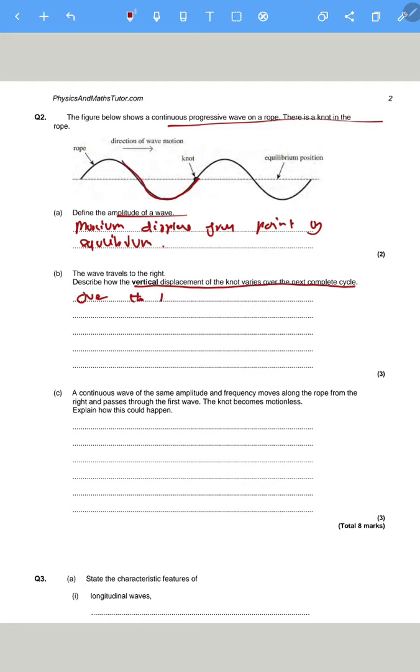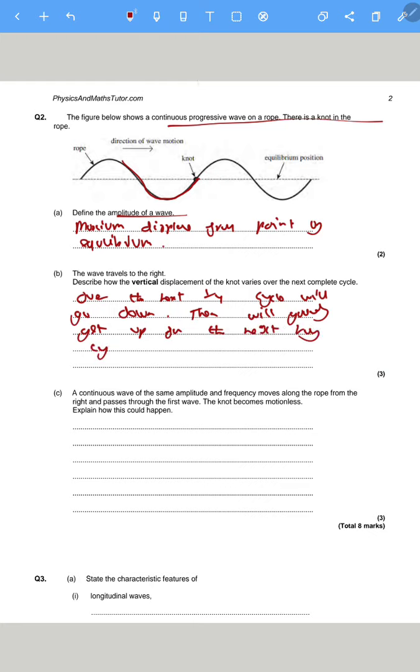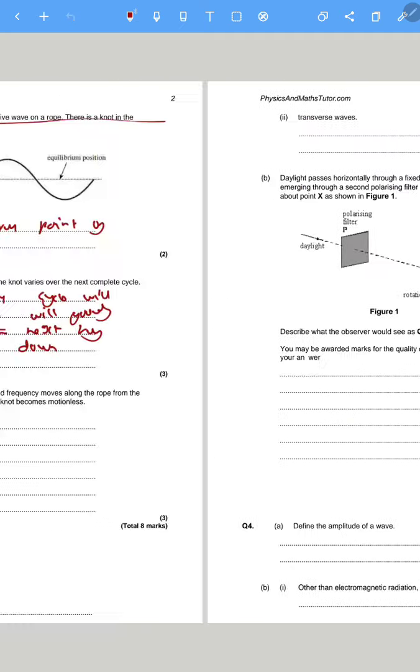Over the next quarter cycle it will go down, then gradually get up for the next half cycle, then go down again. So it's going to go down and then up. That won't move like that, obviously.